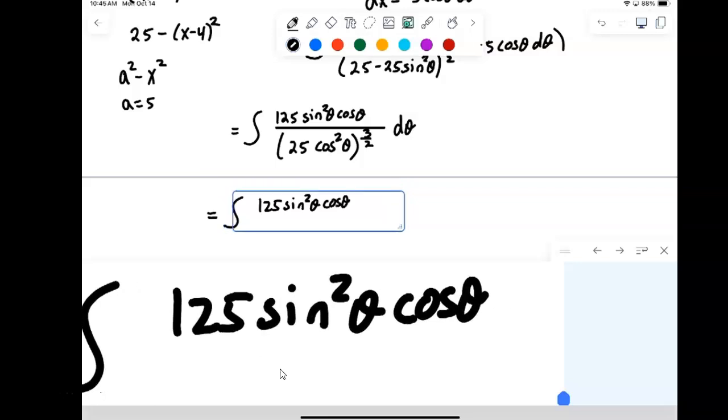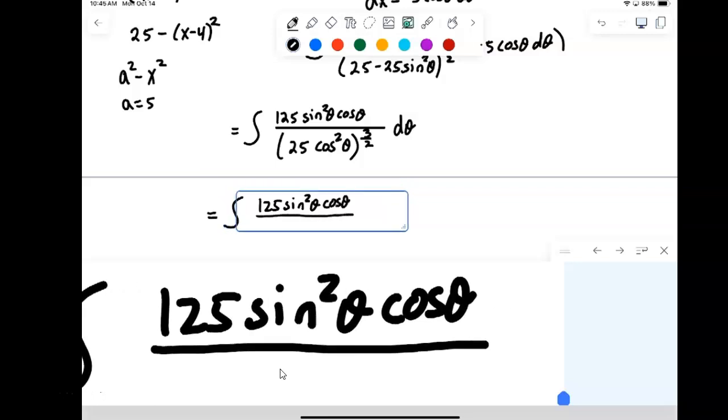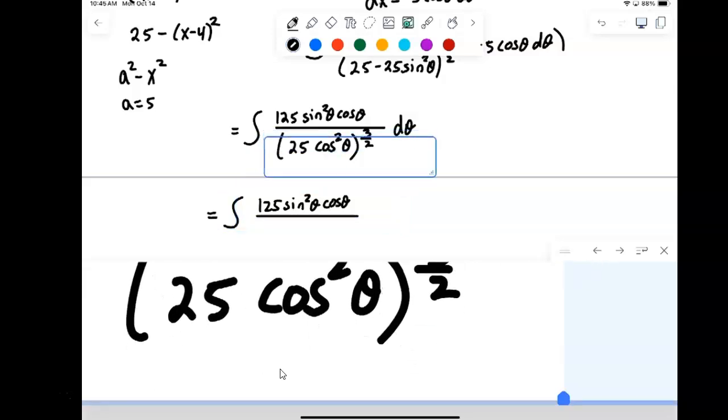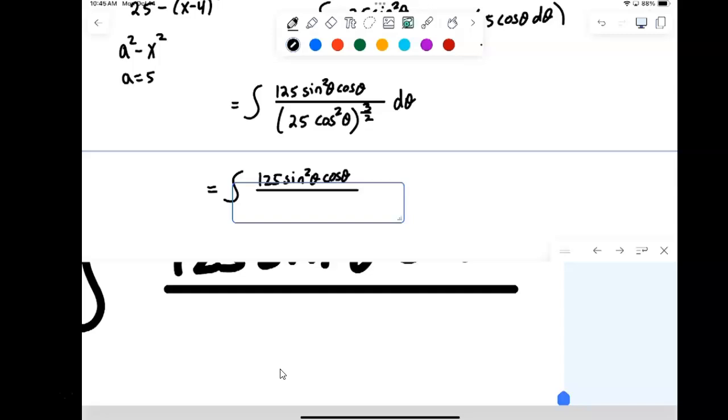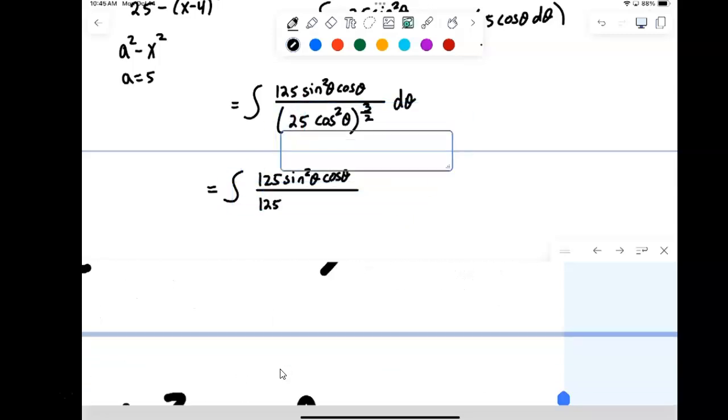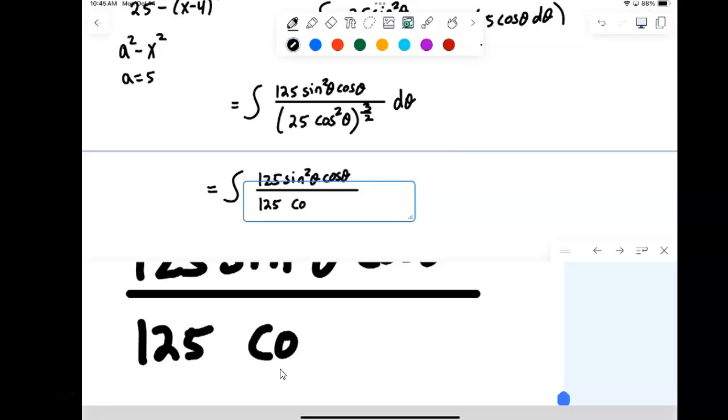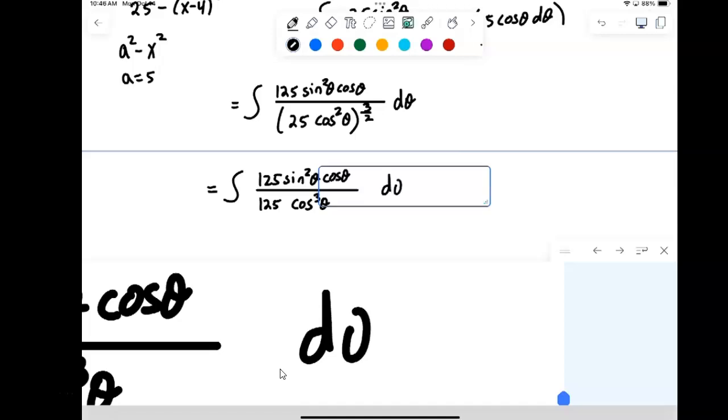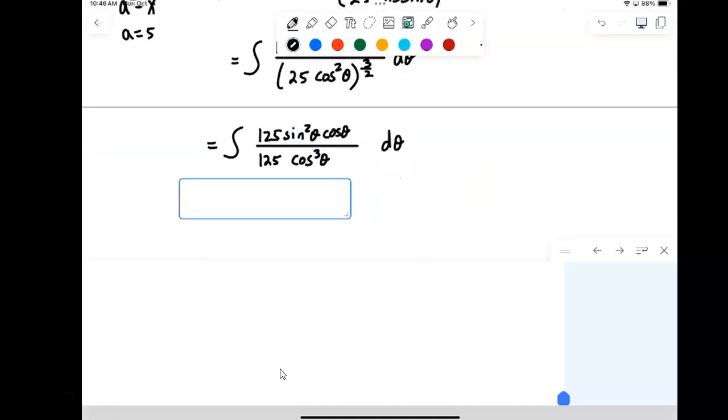cosine theta all over, again, square root of 25 is 5, 5 cubed is 125. Square root of cosine squared is cosine, cosine cubed. And so we simplify. The 125s go away.